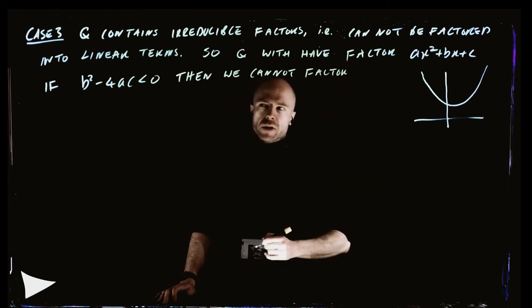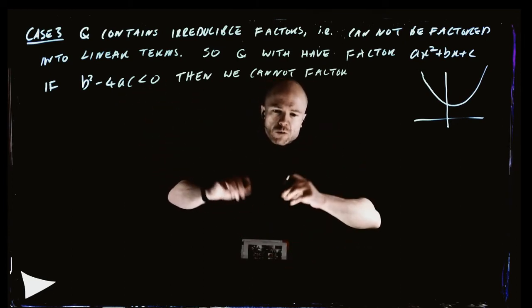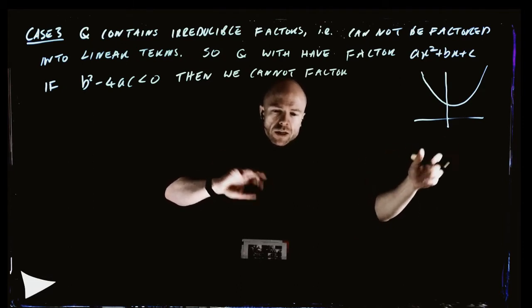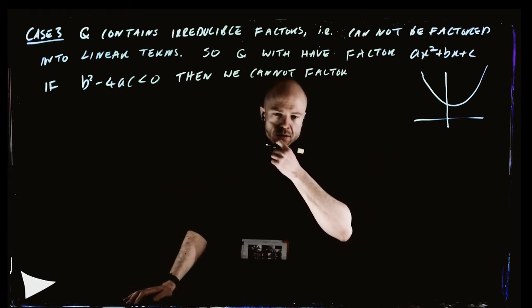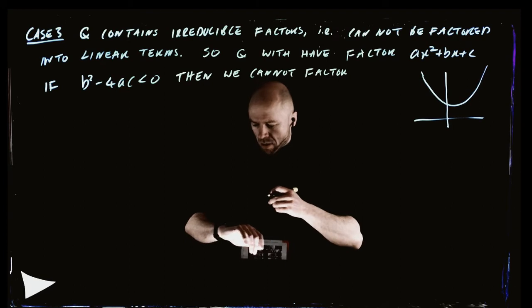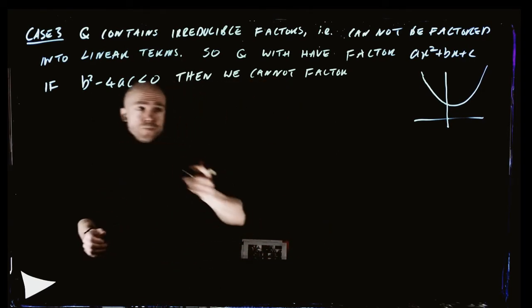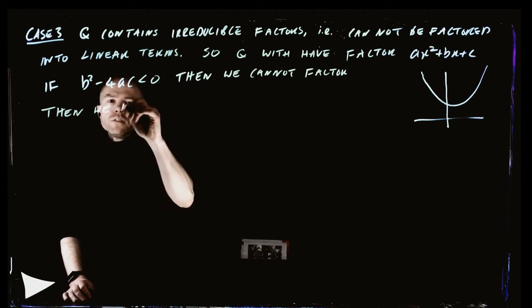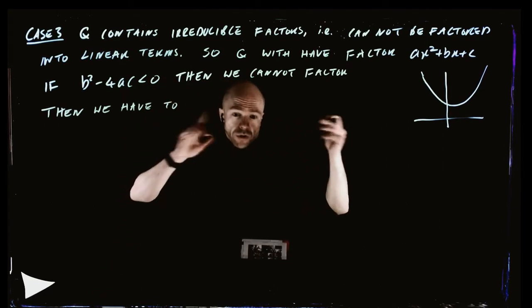Do you remember this? Because if this is bigger than 0, then we have two roots, and we can write x minus one root times x minus the other root, and that is the same as the quadratic. Okay, good. Everybody happy? All right, so in this case we have to introduce two coefficients.